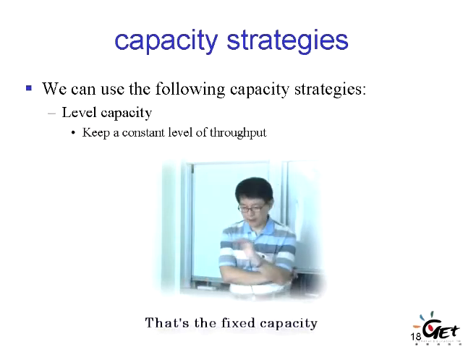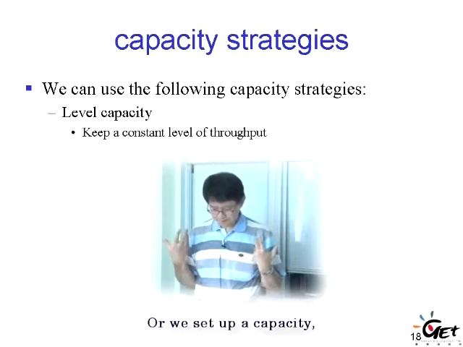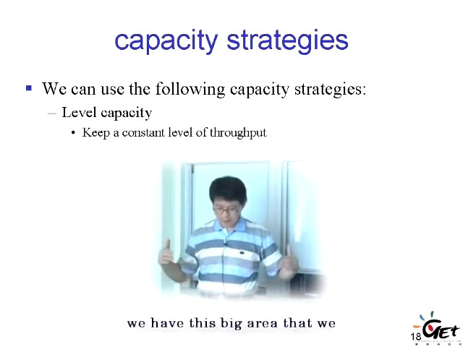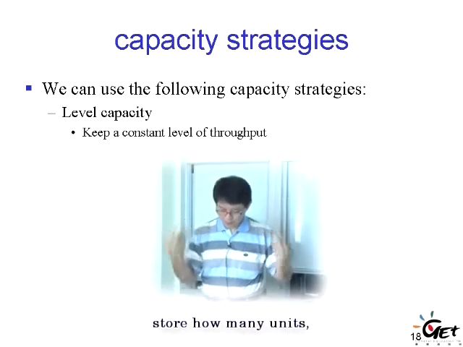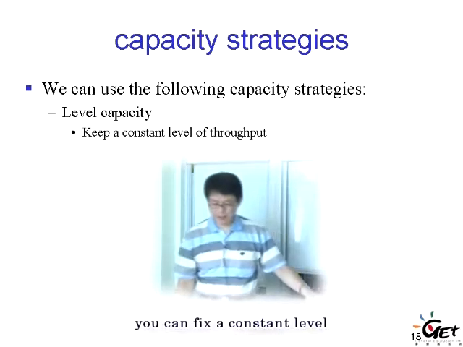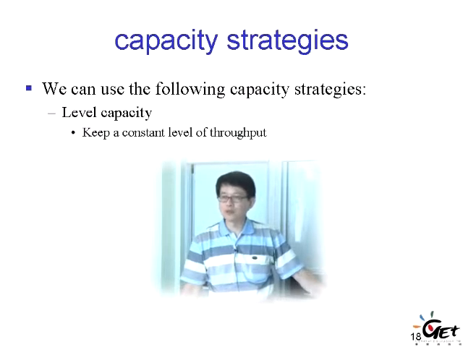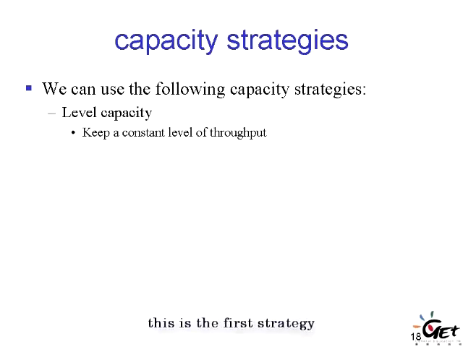So that's a fixed capacity. Or we set up a big area where we can store a certain number of units. That's a fixed, constant level. No matter whether we have higher demand or lower demand, we just have this constant level of capacity. This is the first strategy.